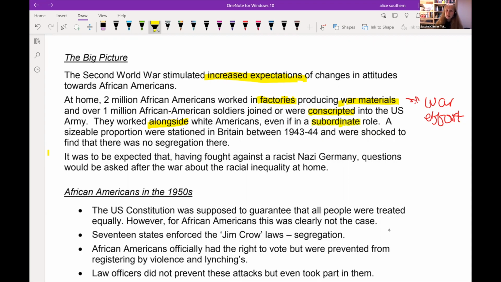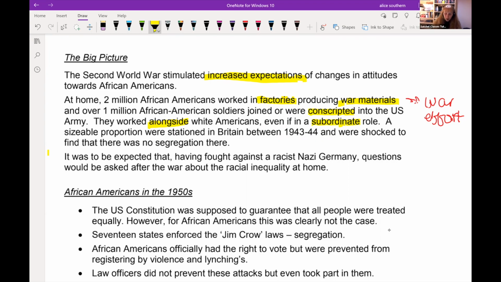They may still be inferior in terms of rank in the army, but they're still working and living and experiencing this war alongside one another, which is not common in America in peacetime.